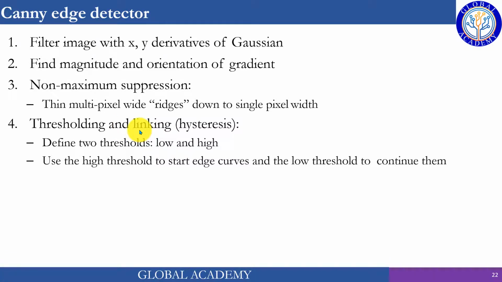And then thresholding and linking, it's about if we have a pixel and we can categorize that pixel into either an isolated pixel, isolated edge, or some connected edge. So in that case we have to move along the normal of the gradient direction. In both of these two algorithms, we need magnitude and orientation as well. So in this way we find the direction and we look in that direction whether the magnitude is greater or smaller.